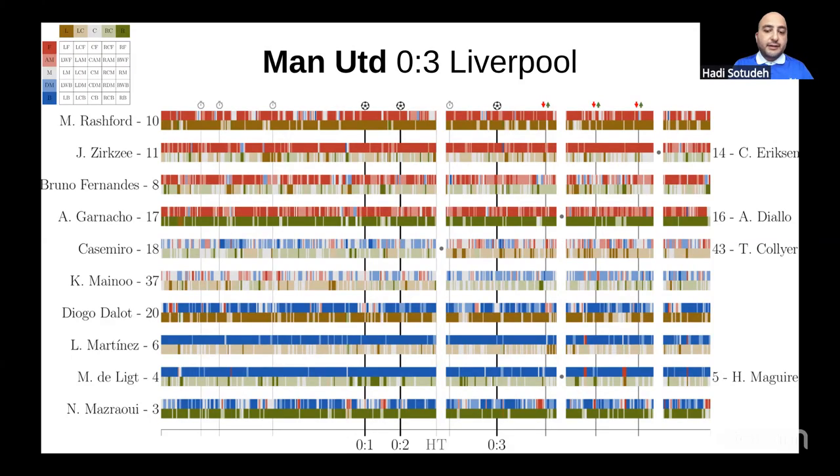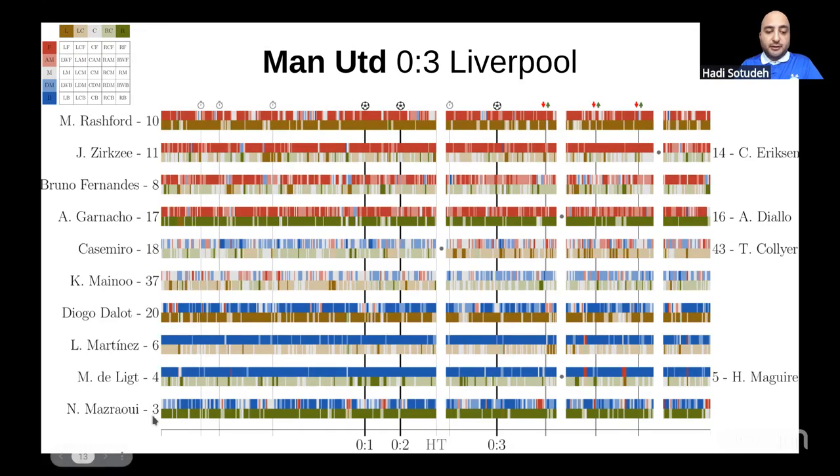And maybe it's easier that I start explaining what we understand from this visualization and then give you the opportunity, once again, to provide your findings when it comes to Liverpool. So when it comes to Manchester United, you can see the players number 3, number 4, number 6, and number 20. These are the players in the back line because of the dark blue color that you can see in the vertical level.